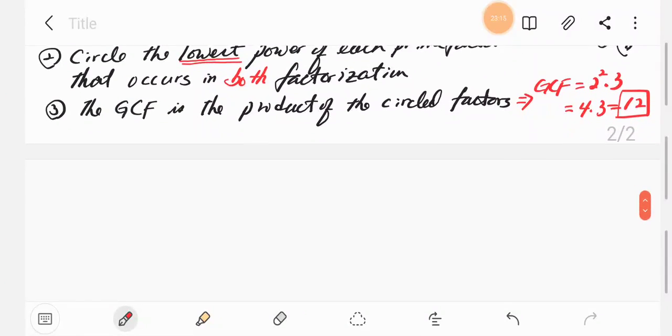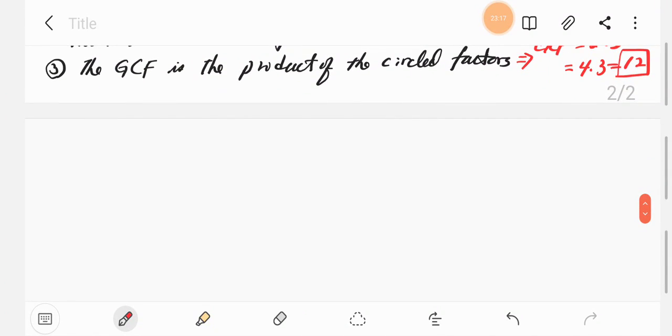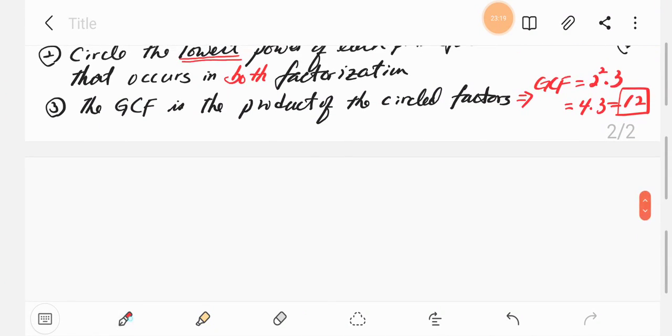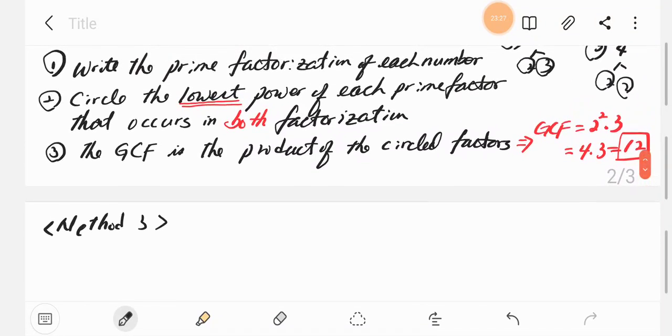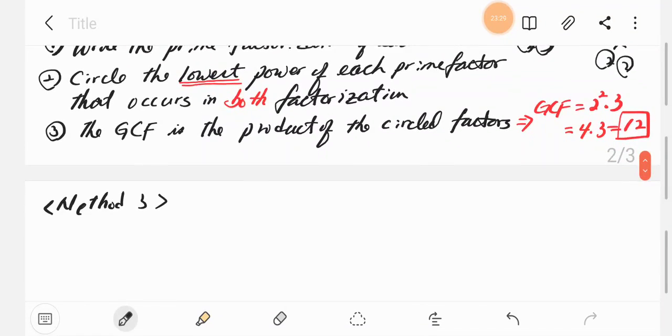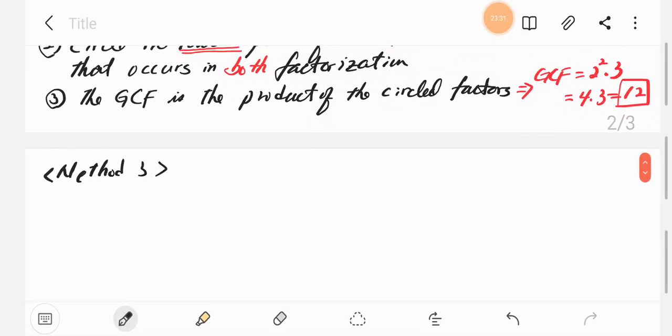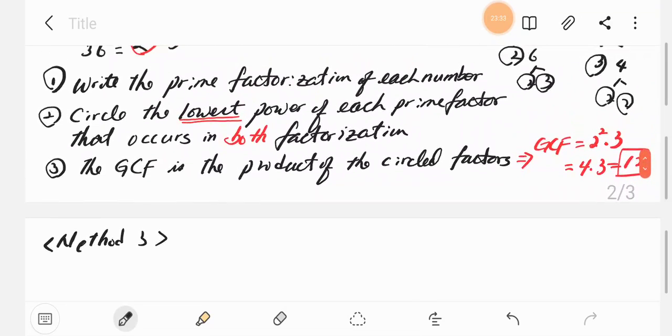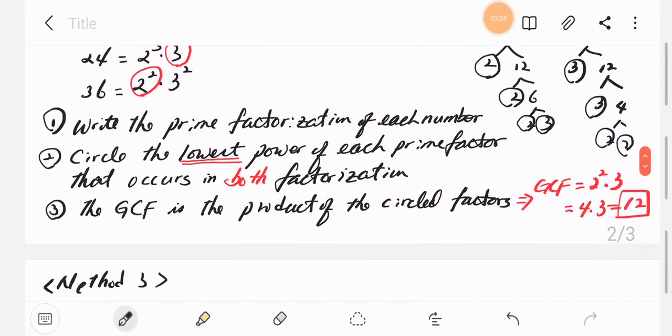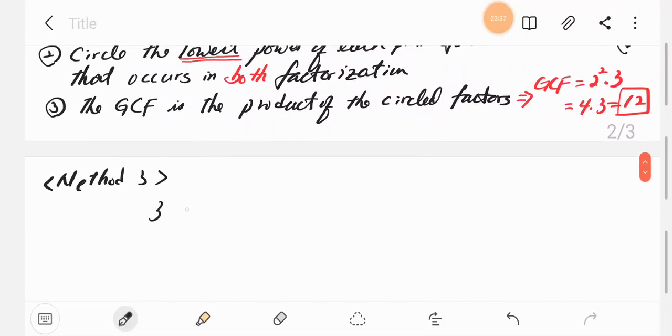Okay, then there's another one, method 3. Let's try method 3. We will do the same thing similarly to finding the LCM. So let me write these two numbers, 24 and 36, on one line. Draw the L shape.